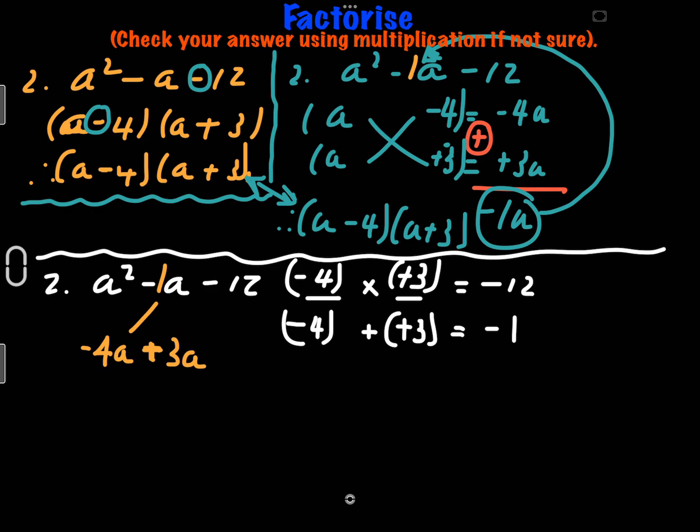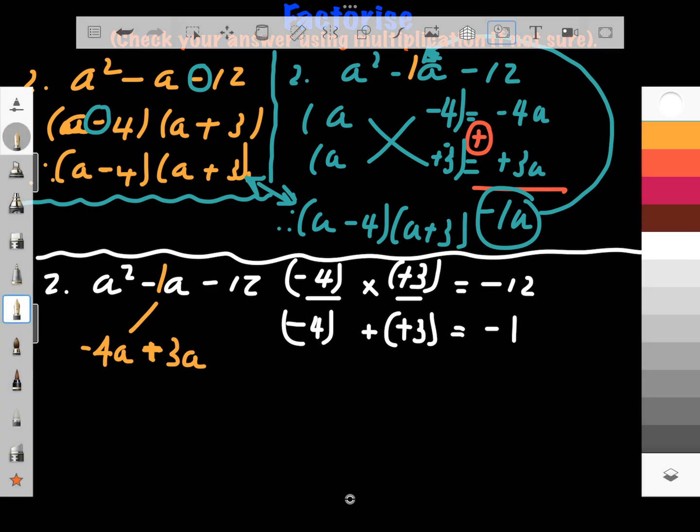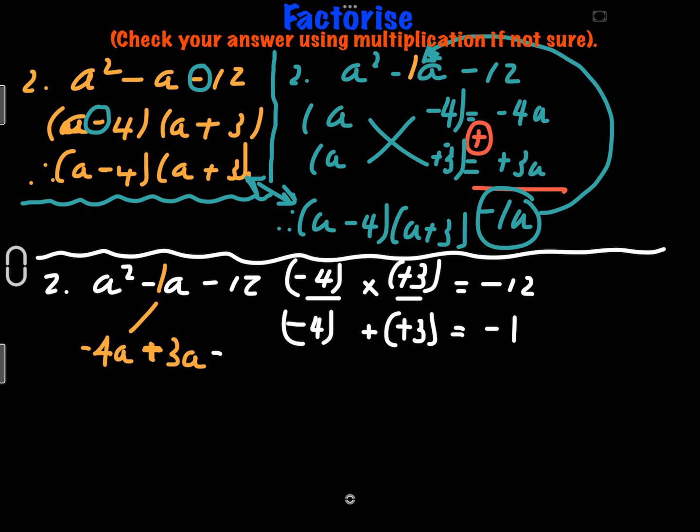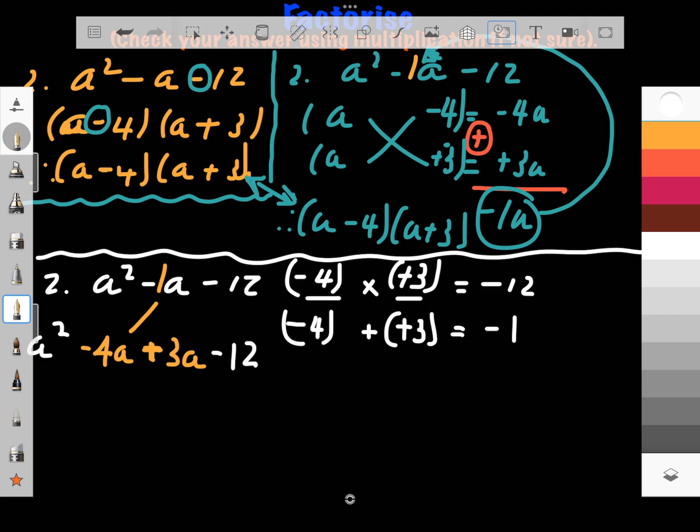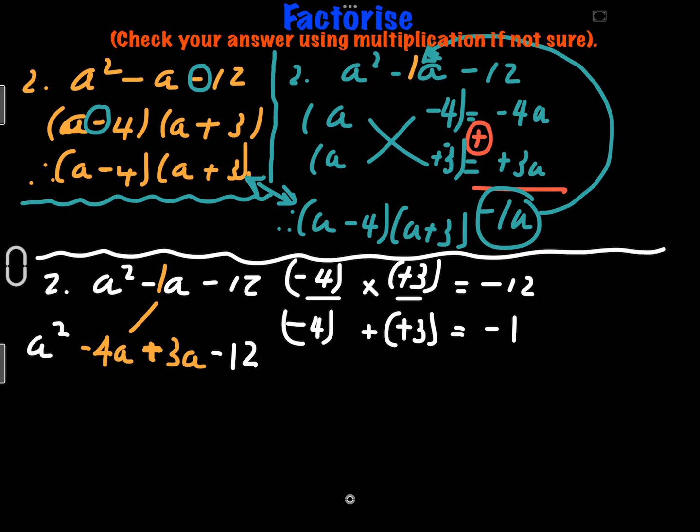And all I need to do is simply drop the negative 12 and also drop the positive a squared. So what I can do now is to start grouping these. I can group the first two terms in the first parenthesis, and then those two terms in the second parenthesis.